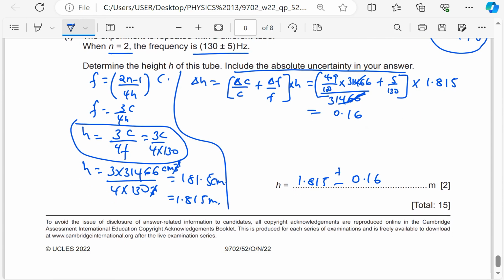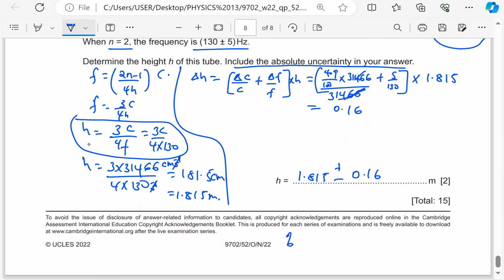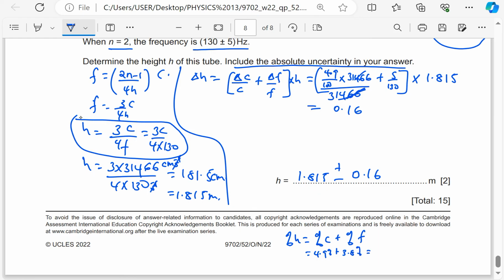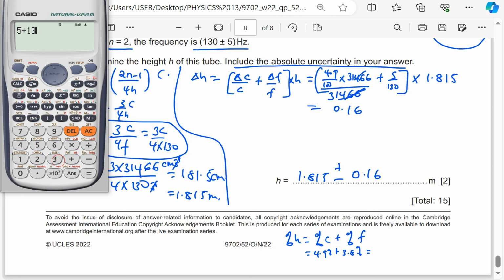Alternatively, I would use percentages, where I would just say, first of all, percentage in H is equal to percentage in C plus percentage in F. Percentage in C is 4.9% plus percentage in F, which is 5 divided by 130 times 100, that is approximately 3.8%.